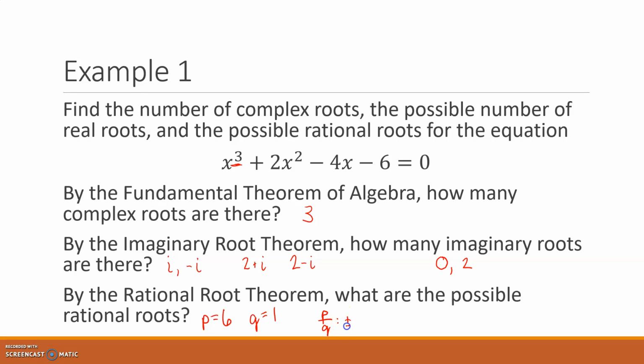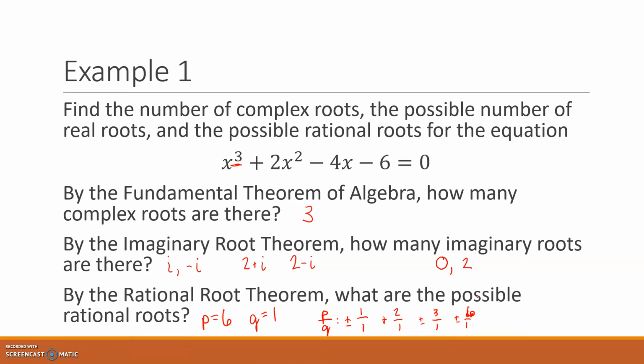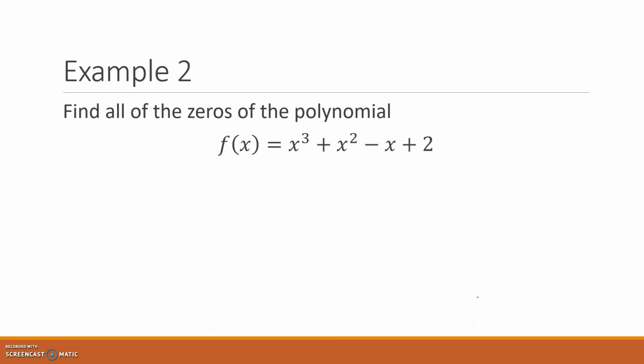So I could have plus or minus 1 over 1, plus or minus 2 over 1, plus or minus 3 over 1, and plus or minus 6 over 1. So those would be all of my possible rational roots, and you could rewrite that to say plus or minus 1, plus or minus 2, plus or minus 3, plus or minus 6. Any of that would work.